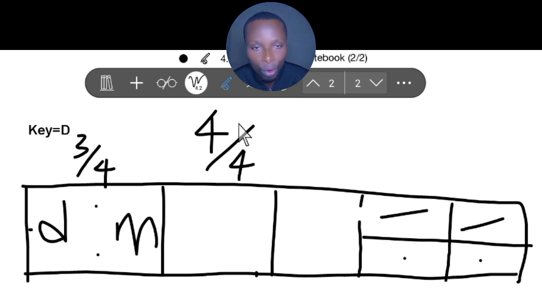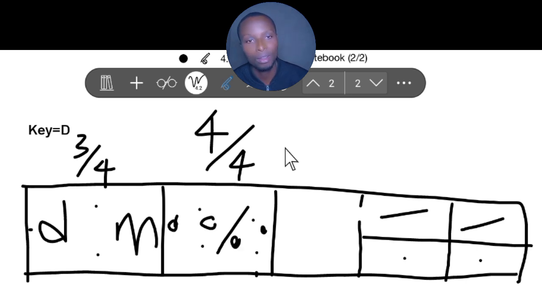If it's this 4/4, it means 4 notes will be found inside 1 bar, okay? And the way to write it is having 2 dots here and a stroke, then 2 dots here, which means 1 note will come here, 1 note will come here, 1 note will come here, and 1 note will come here. 4 notes in a bar, okay?